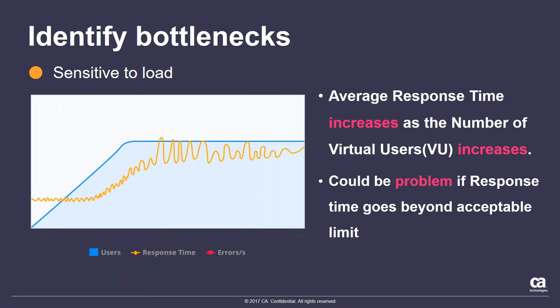The more the response time, the worse it is, because you would want the response time to be as minimal as possible and within the business acceptance. That is 3 seconds or 5 seconds, what have you, whatever your business might have set as expectations. So in this case, as you can see on the right-hand side, as the users onboard, you're also seeing a spike in the response time.